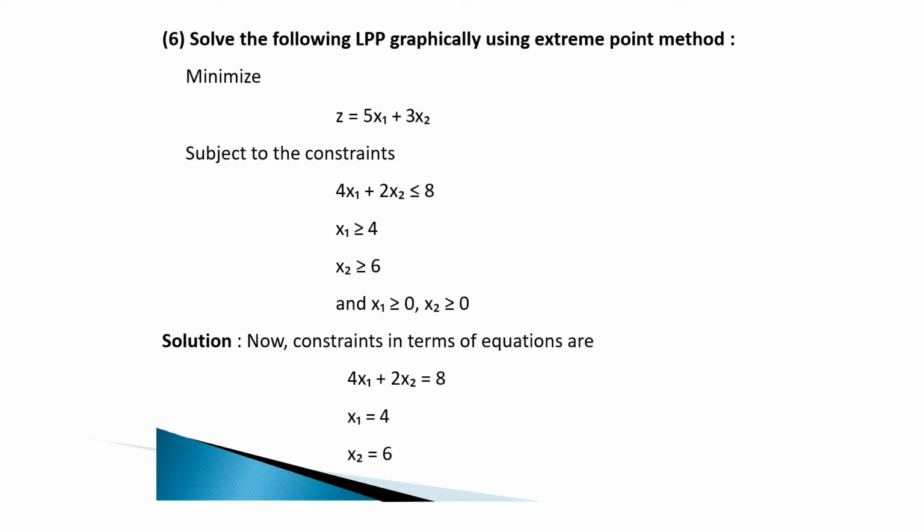So constraints in equation form are 4x1 plus 2x2 equal to 8, x1 is equal to 4 and x2 is equal to 6. Here observe that 4x1 plus 2x2 is less than or equal to 8, so shading will be towards the origin. x1 is greater than or equal to 4, so shading will be away from the origin, and x2 greater than or equal to 6, that also means shading will be away from the origin.